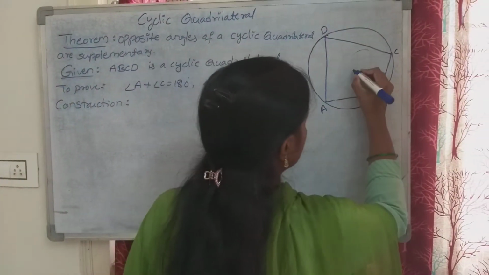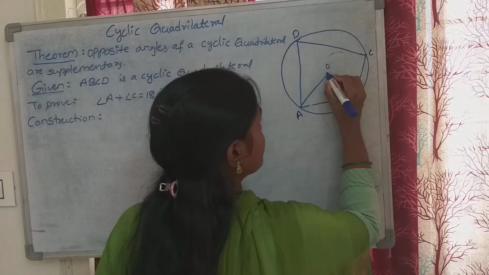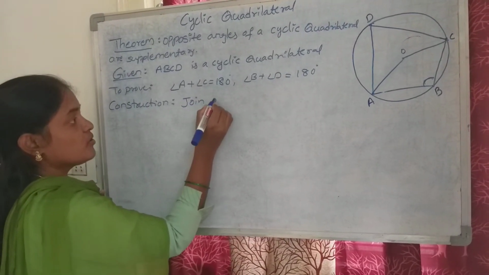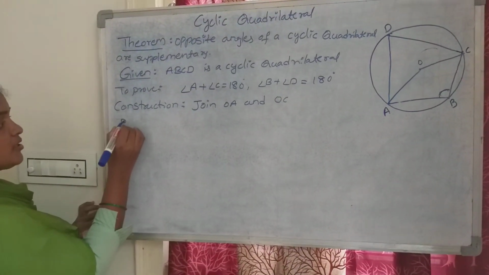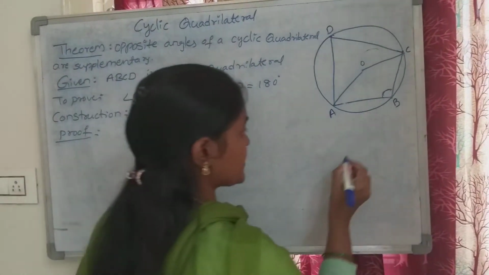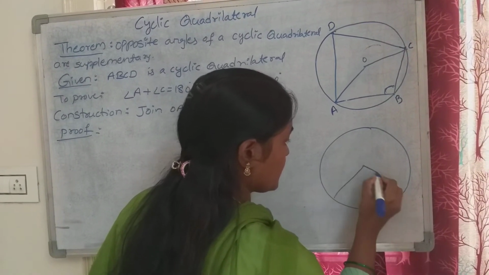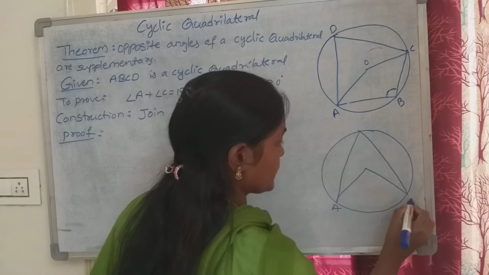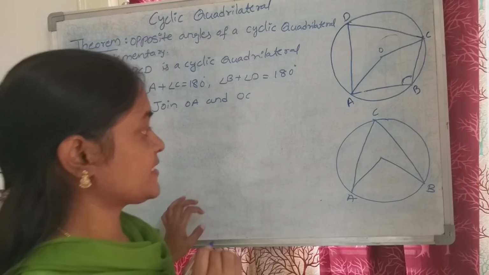In the cyclic quadrilateral with center O, join OA and OC. Proof. We know one statement: AB is an arc, C is any point on the remaining circle.